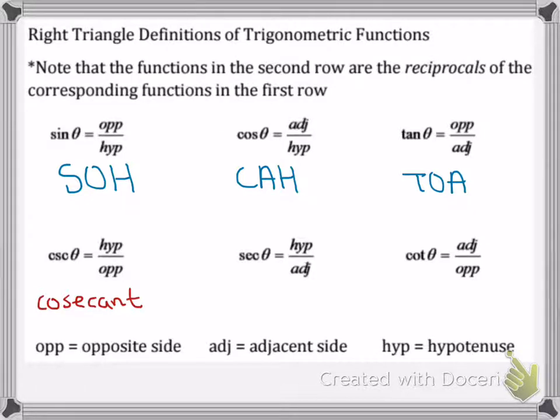If you notice, sine is opposite over hypotenuse, and cosecant is hypotenuse over opposite. And then secant is the reciprocal of cosine, so secant is hypotenuse over adjacent. And then the last one, cotangent, is the reciprocal of tangent, and that's adjacent over opposite.